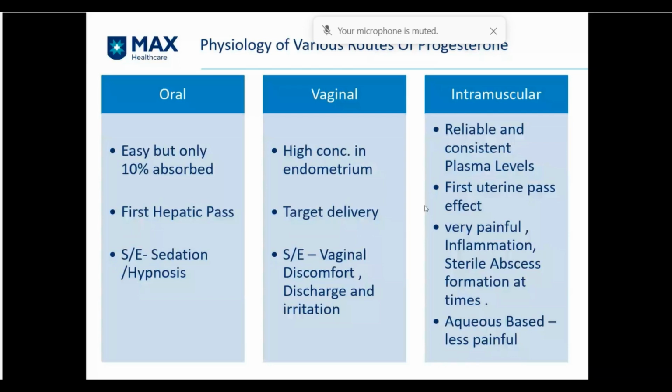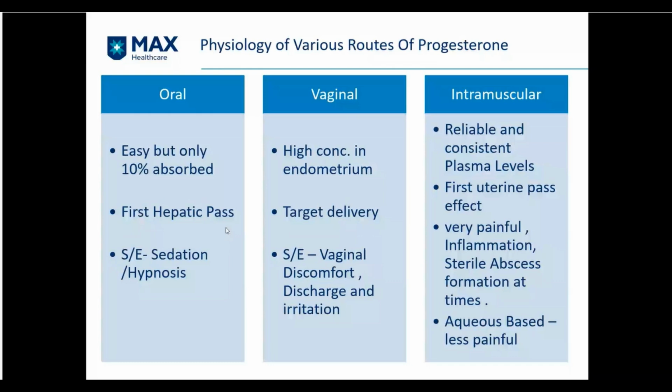Now, coming to the physiology of the various routes of progesterone, oral is easy. This I'm talking about, not the dydrogesterone, but the micronized progesterone or the other natural progesterone. Oral, they are easy to take, but only 10% is absorbed because of first pass hepatic metabolism, and the side effects are sedation and hypnosis.